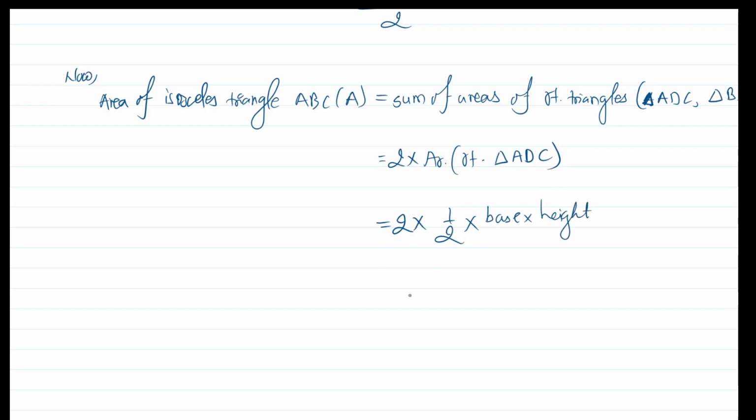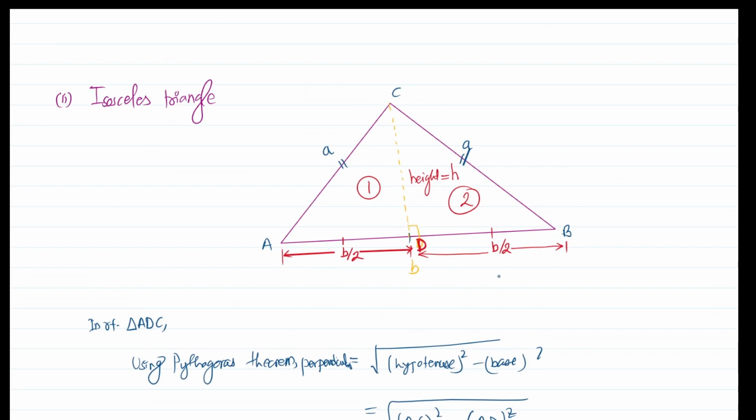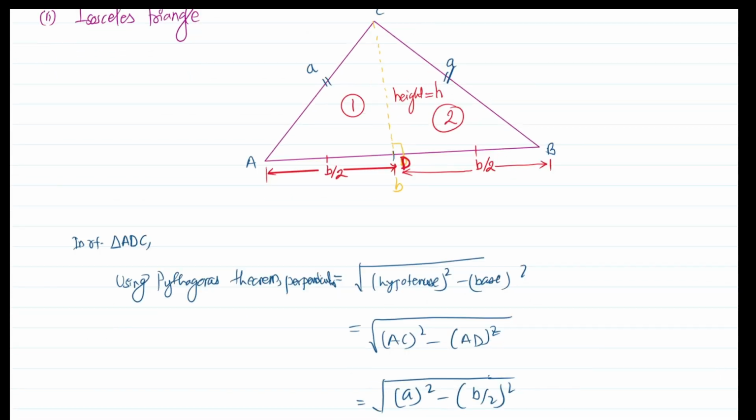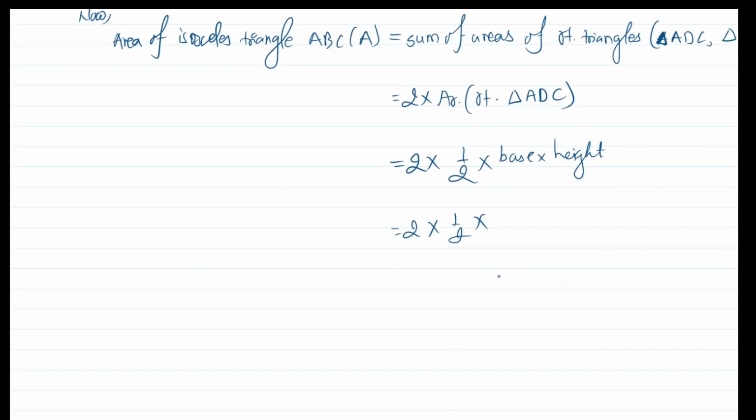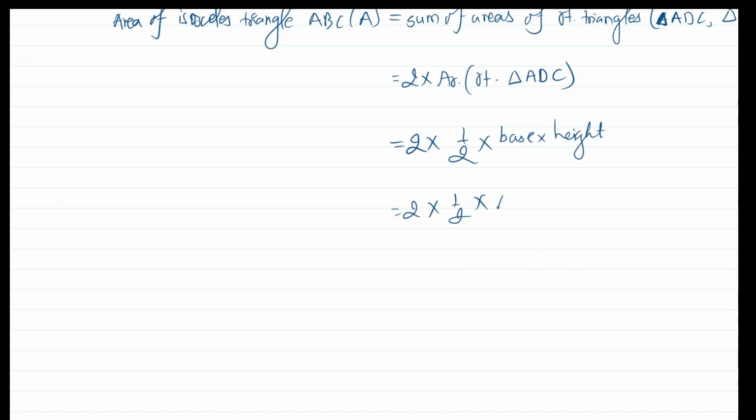In triangle ADC, base is AD and height is DC. You can cancel 2 and it will give us 1, and when 1 is multiplied with some quantity, that quantity remains the same, that is AD.